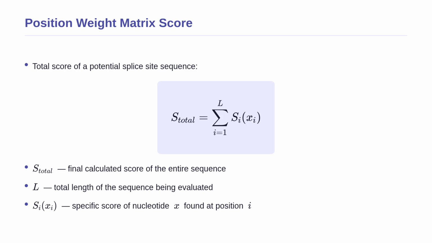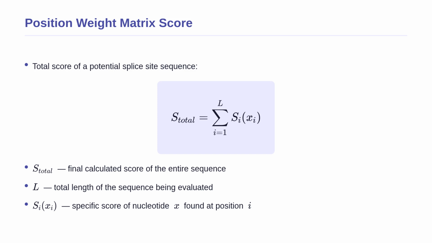To find the total score for a newly discovered sequence, we use this summation formula. S total equals the sum from i equals 1 to L of S sub i of x sub i. In plain words, S total represents the final calculated score of the entire sequence.